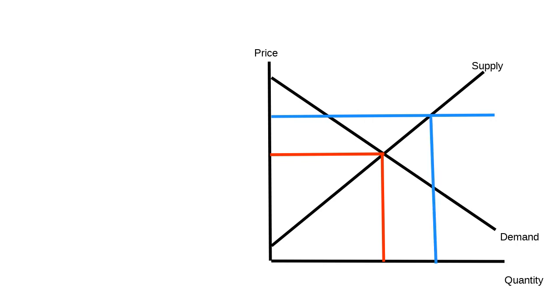And law of demand will tell us that the quantity demanded is going to fall. So now we have this difference. Now, before trade, we would have called this difference a surplus, excess supply.